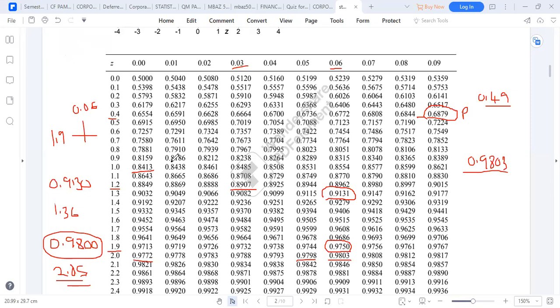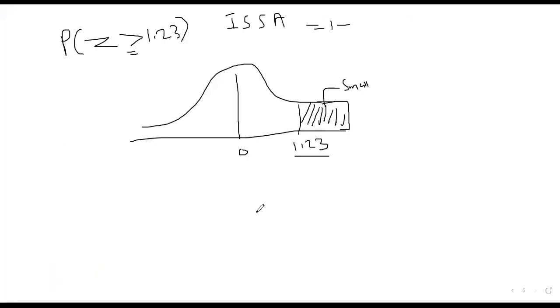Sorry, if you go back a bit to the shading, you said that we're trying to establish Z is greater than 1.23.